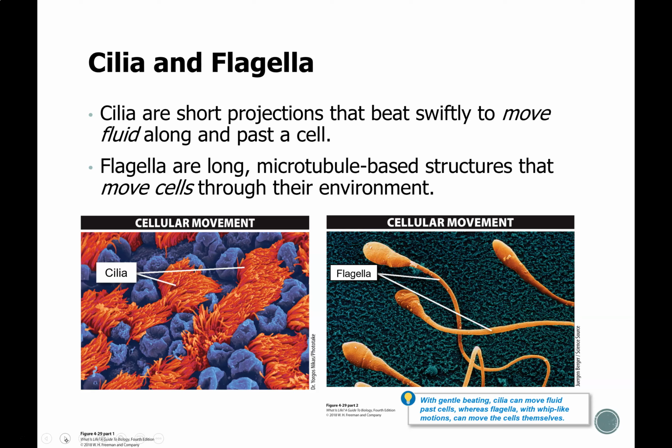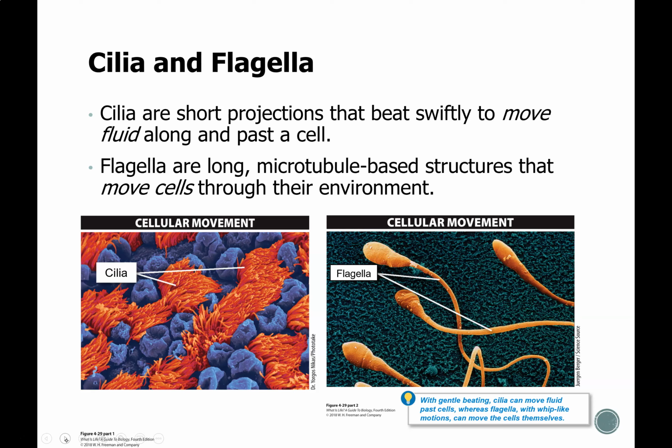So think of this as like a rowing team all rowing together in the water. They beat together to move their boat forward. Well, cilia work the same way. They beat in synchronized motions to move fluids around the cell. So they're not moving the cell, but the cilia is actually moving fluids away.